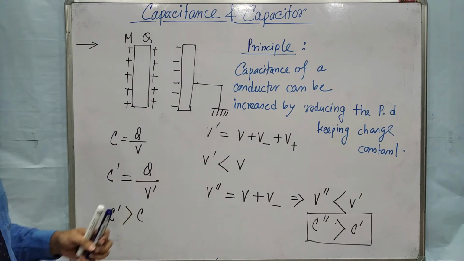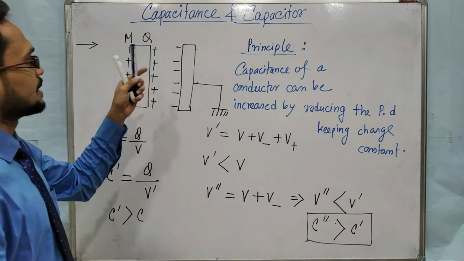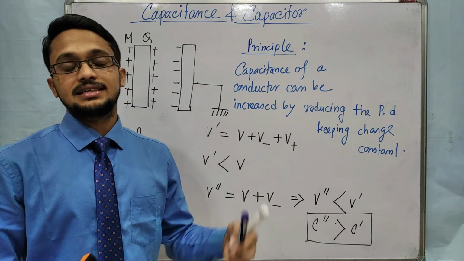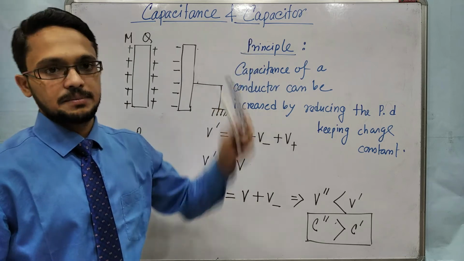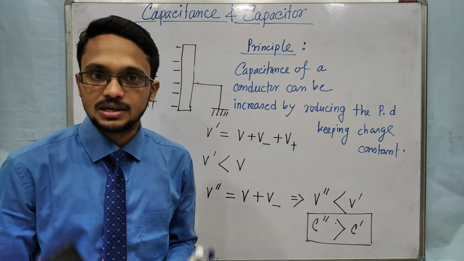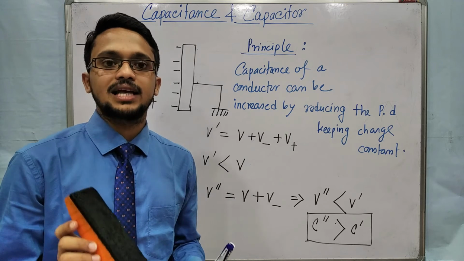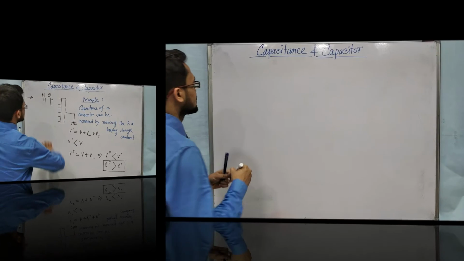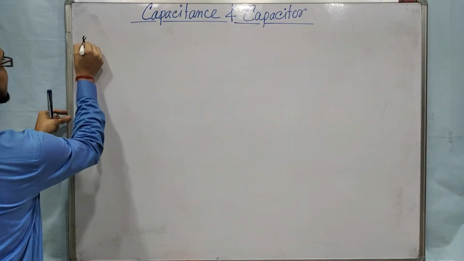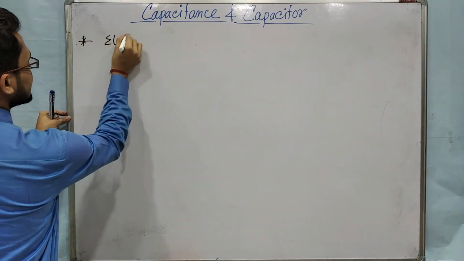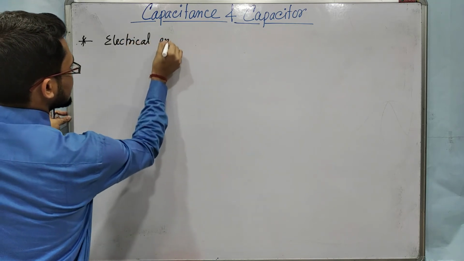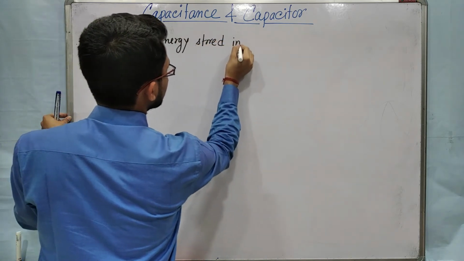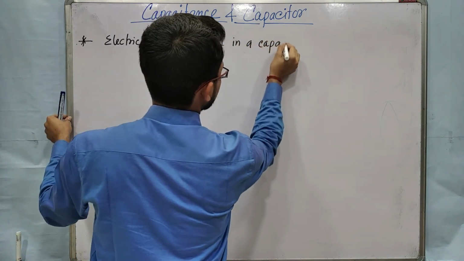Next we will do one derivation. I have told that a capacitor stores electrical energy. So we will derive how much energy can be stored in a capacitor when it is charged by a potential difference V, and the final amount of charge is Q. So the next part is electrical energy stored in a capacitor.